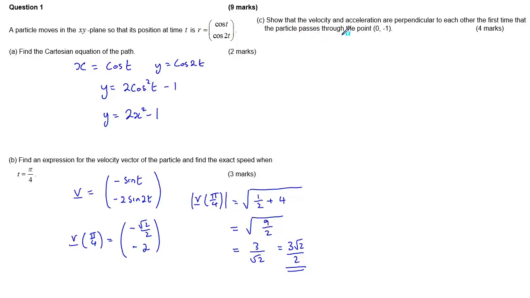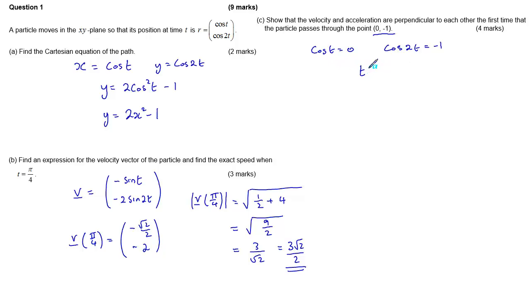Show that the velocity and acceleration are perpendicular to each other the first time that the particle passes through the point (0, 1). So if we think about (0, 1), that means we need that cos t is equal to 0 and cos 2t is equal to negative 1.